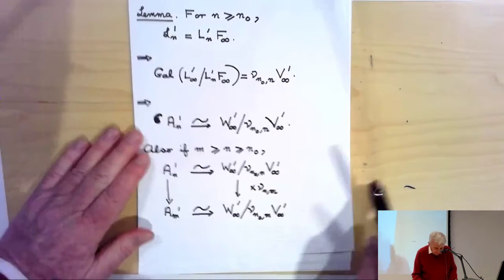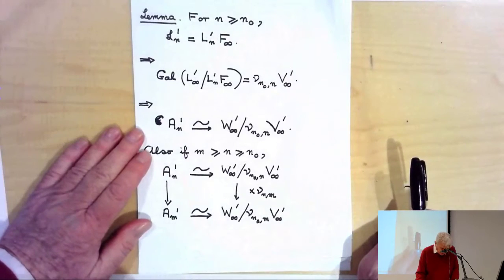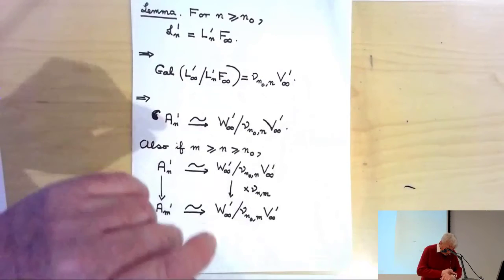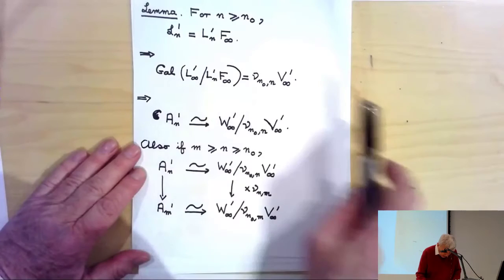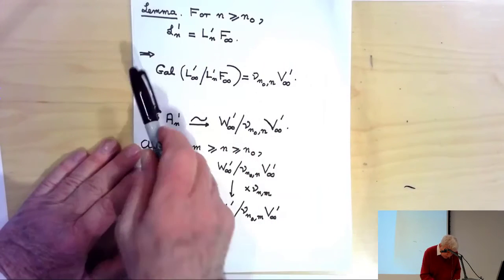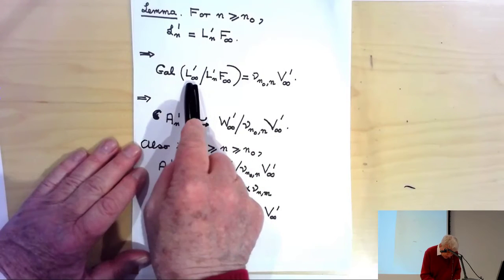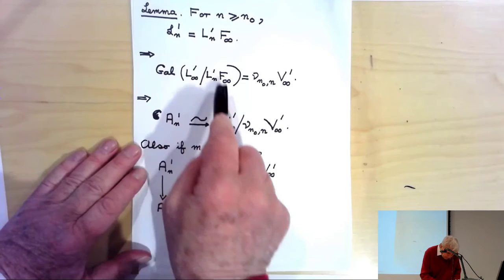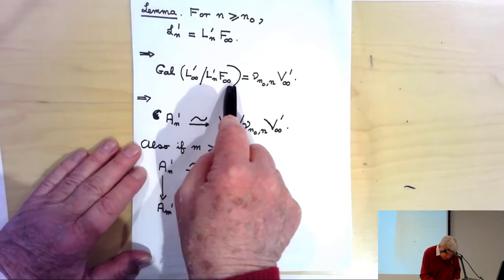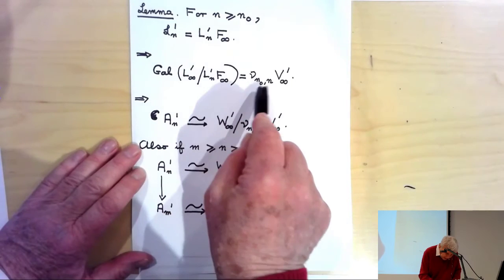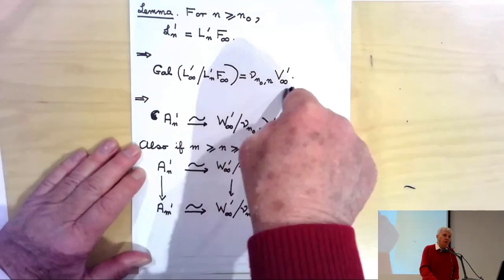But in any case, let me go on. What is certainly true is that the Galois group of L infinity prime over L_n prime F infinity should be the mu_{n naught n} V infinity prime.